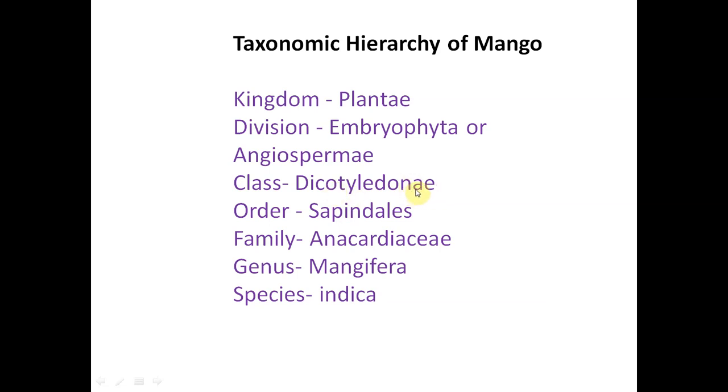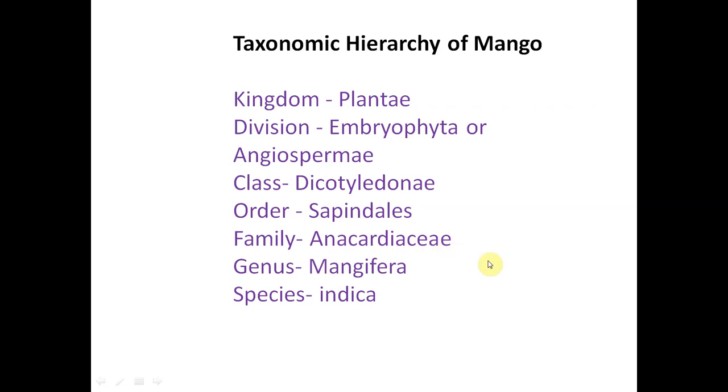Here NAE is the suffix for the class, and for the order the suffix always used is ALES, for example Malvales, Sapindales, Asterales. So here ales indicates the name of the order. For each family we should use the suffix ACEAE, for example Anacardiaceae, Asteraceae, Malvaceae.